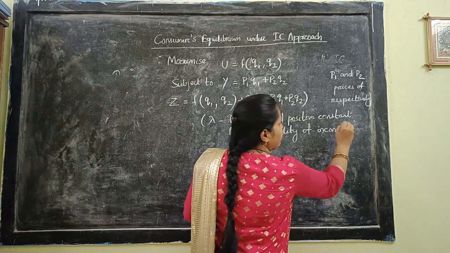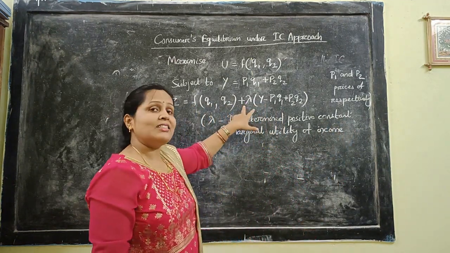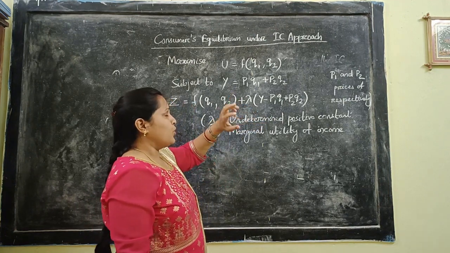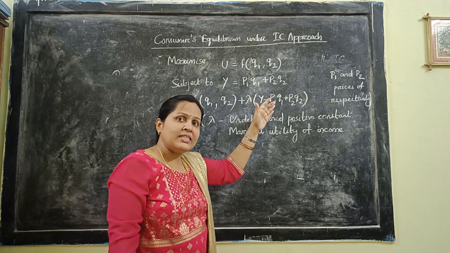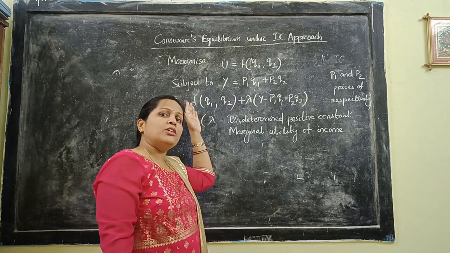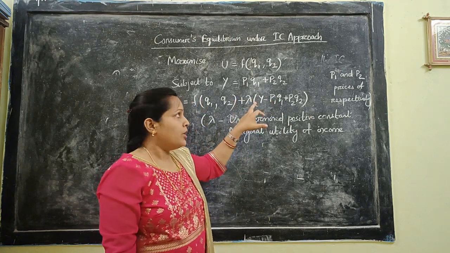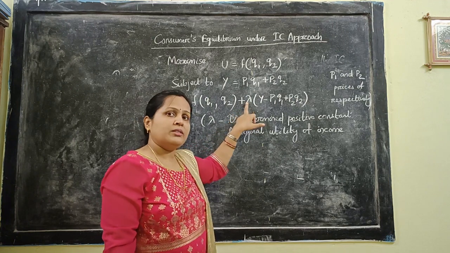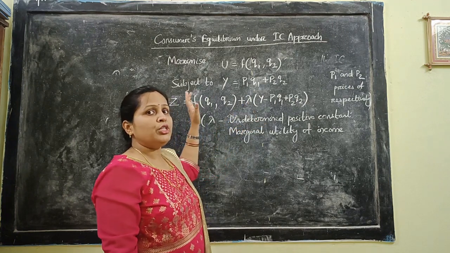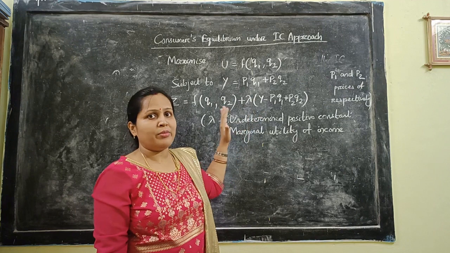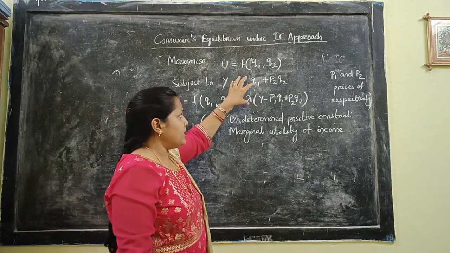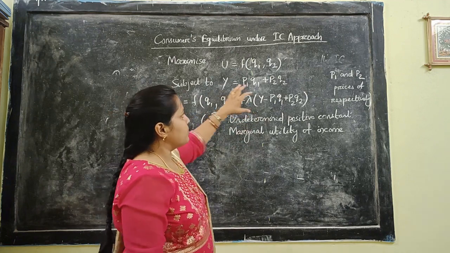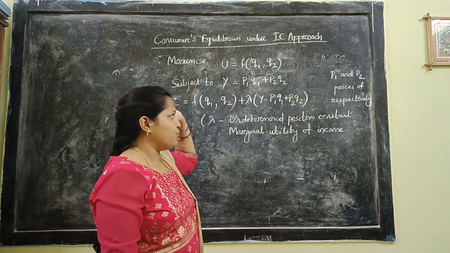What does this reflect? It reflects how, for a 1 unit change in your income or budget, the utility of the consumer changes. That is your marginal utility, which is captured by this lambda. Right? So this is the composite objective function that you have to first form.